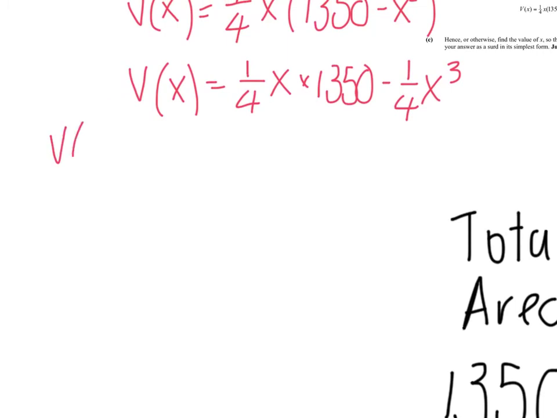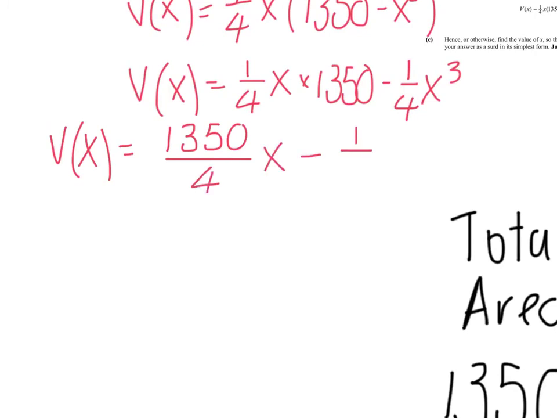That means that V of x equals 1/4 x times 1350 is 1350 over 4 x, take away 1/4 x cubed. Now it's ready to differentiate, so we can go ahead and do that.